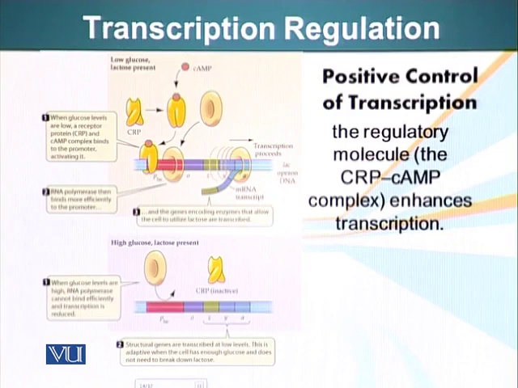What if the bacteria has some glucose but very low glucose, and it has abundant lactose? When glucose levels are low, it results in production of a molecule called cAMP, cyclic adenosine monophosphate. We already know what ATP is, so we also know what AMP is.